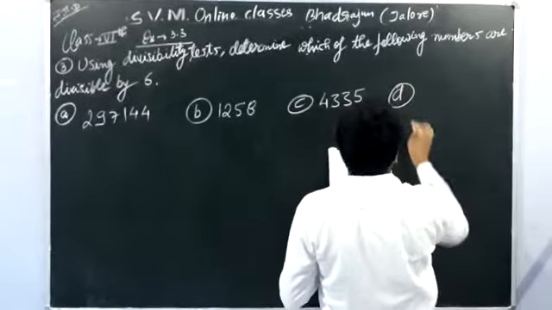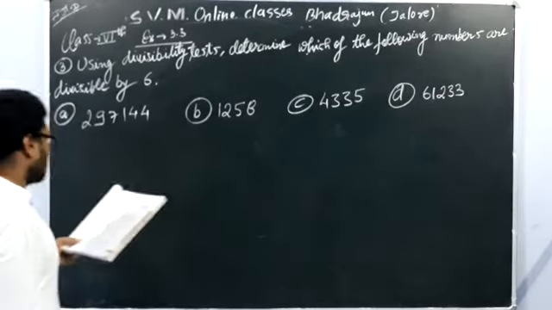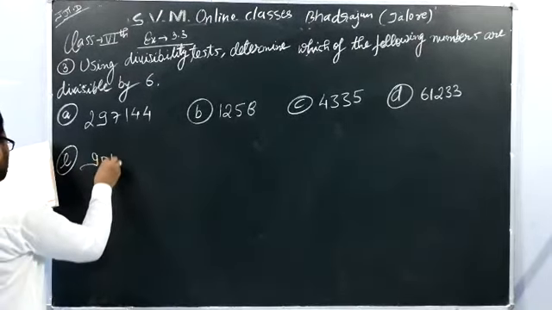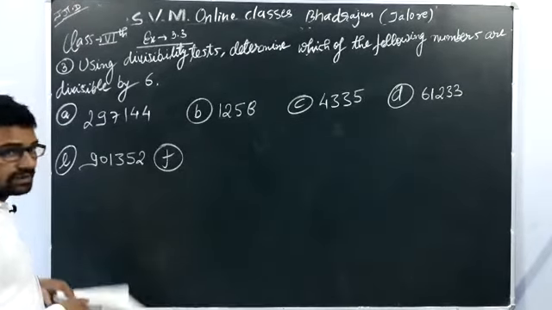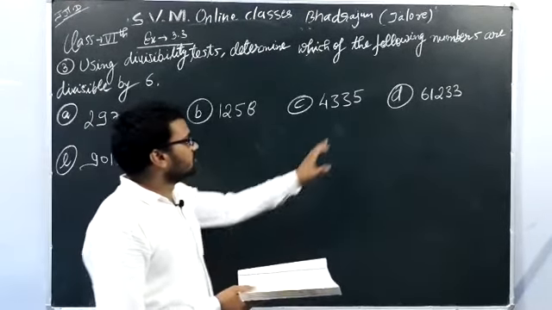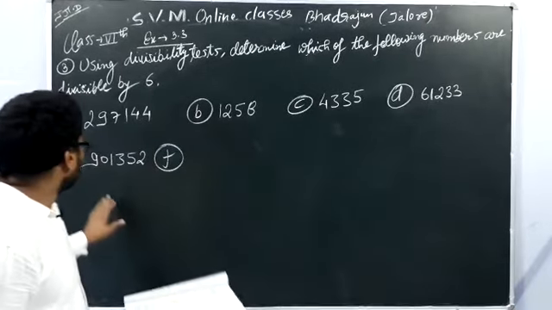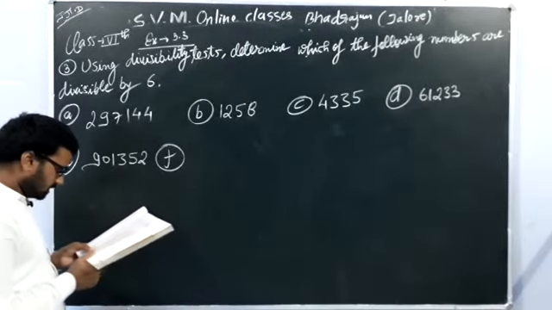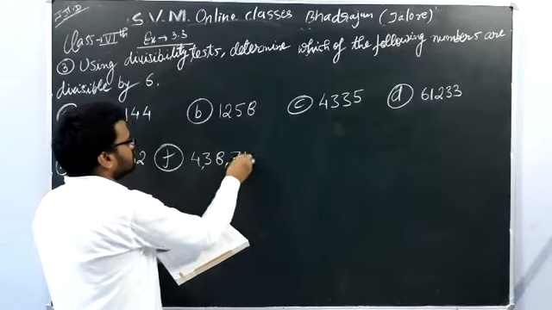Part D is 61233. Part E is 901352. Part F is 438750.